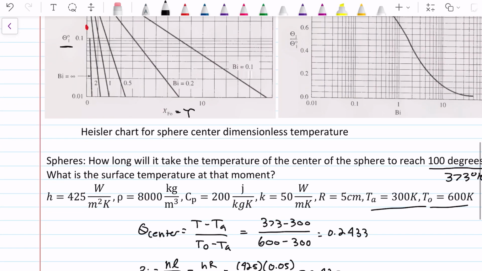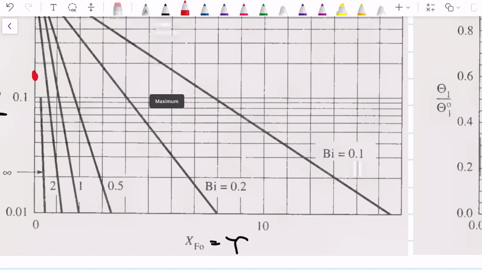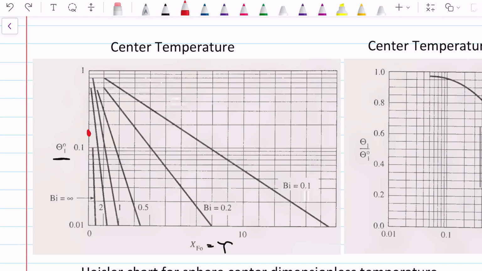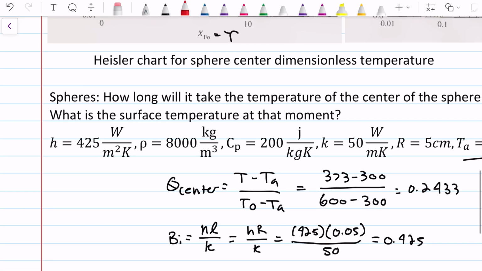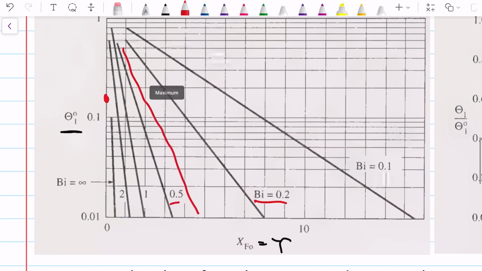Okay. So our Biot number is around that line, not exactly. It's between these two Biot numbers, so it's probably something like this. But we can pretty much just use the 0.5 line. And then our dimensionless temperature is at 0.2433.